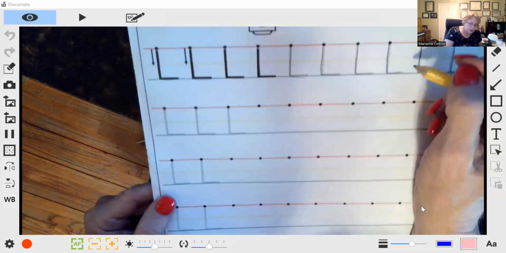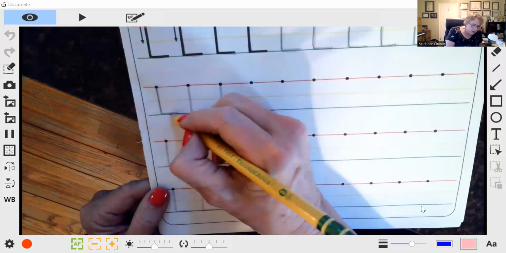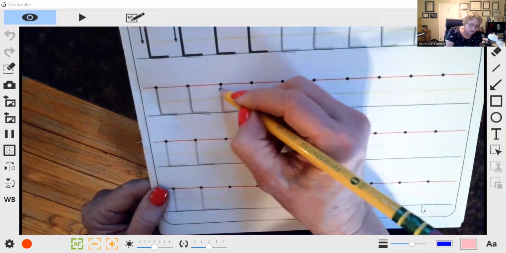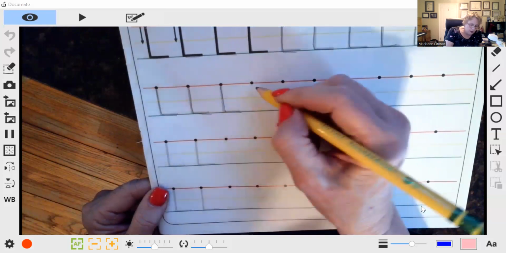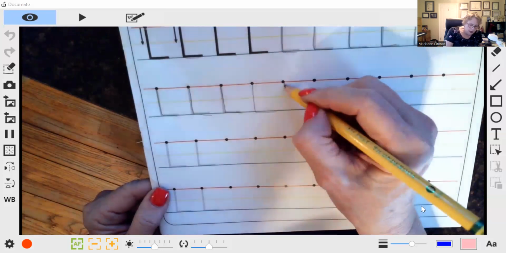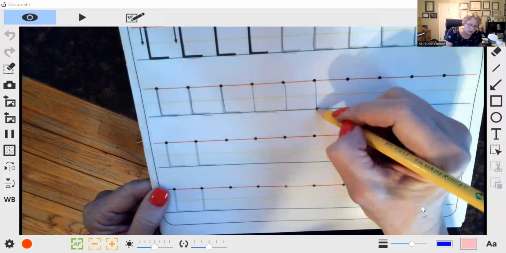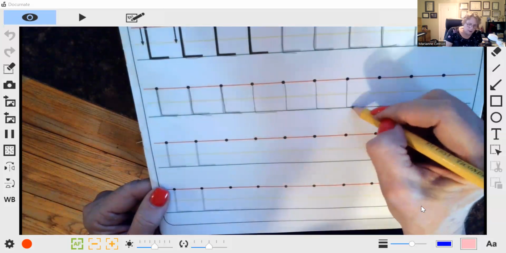Keep going. Eventually, we're going to lose our little dot, but we go from the red to the green, red to the green. Keep going.